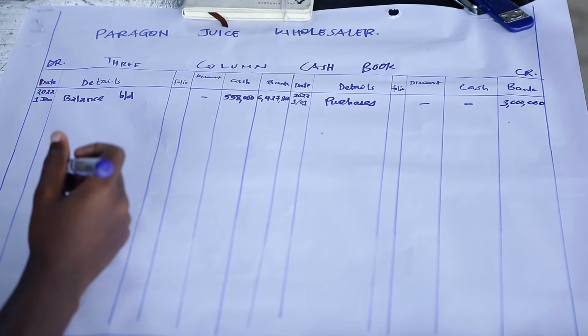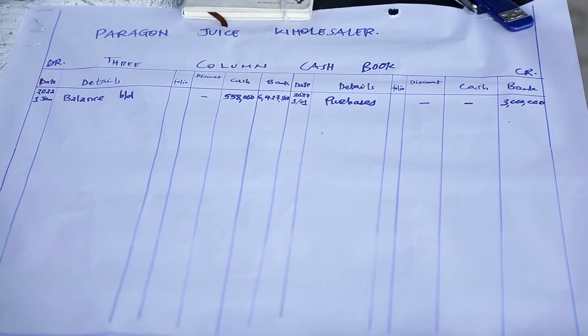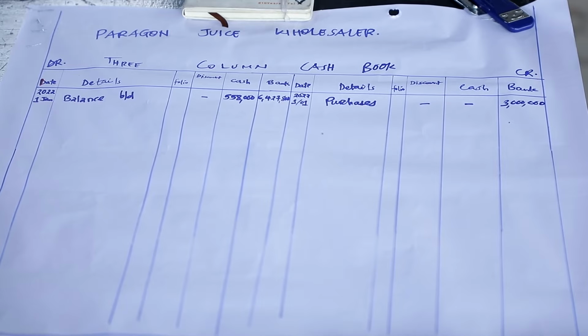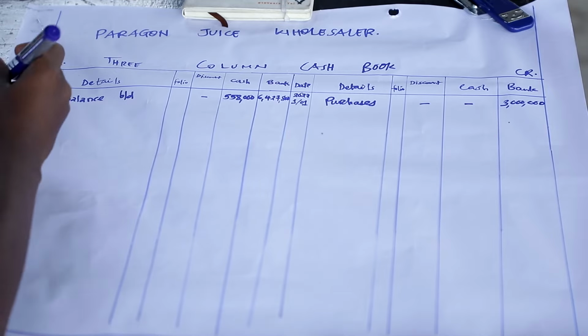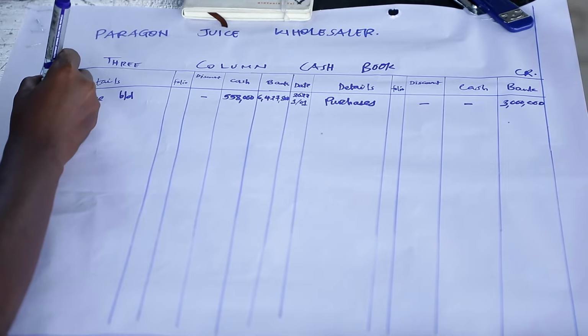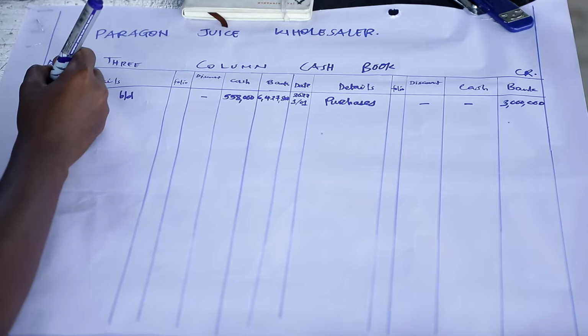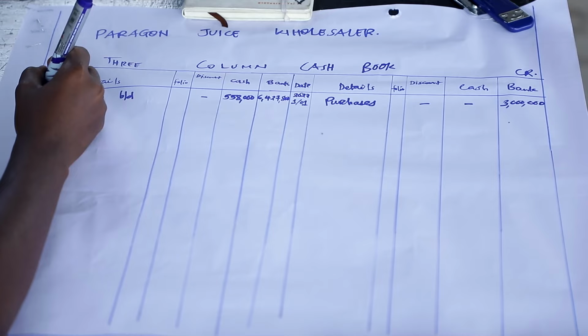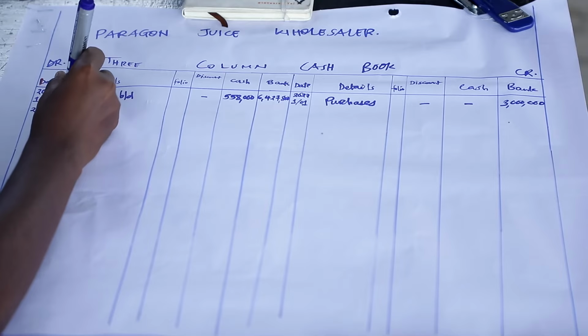After that, on 2nd January, Jitihada, a debtor for 900,000, paid the amount due, net of 5% cash discount. So Jitihada, who was a debtor, paid the amount due and we gave a cash discount of 5%. So we were owed 900,000, and Jitihada paid us. So here we have 2nd January, where we record Jitihada, who is a debtor.